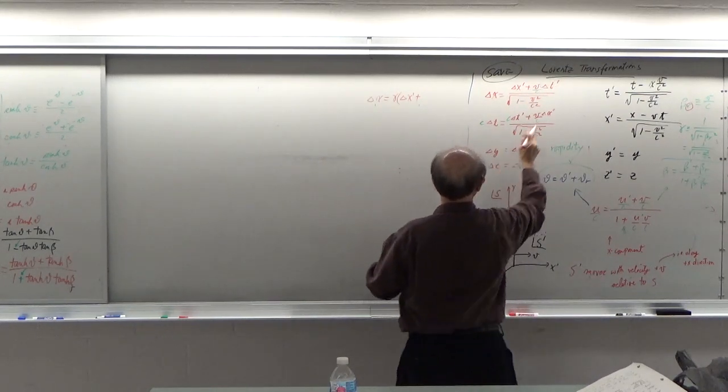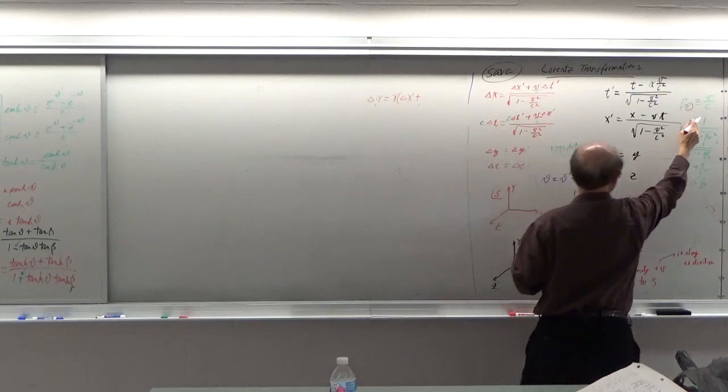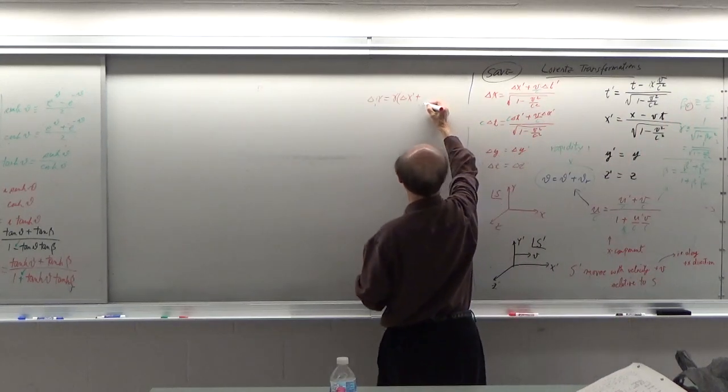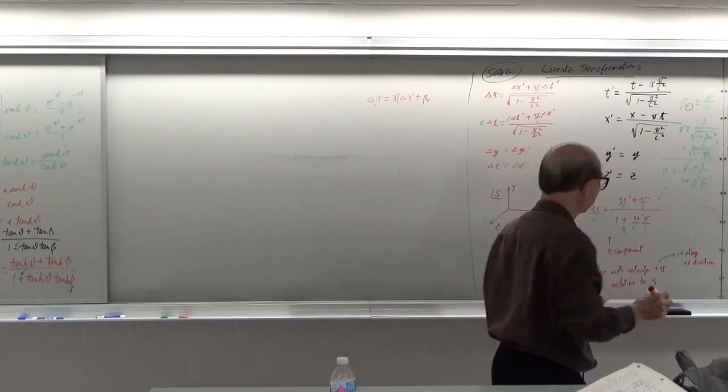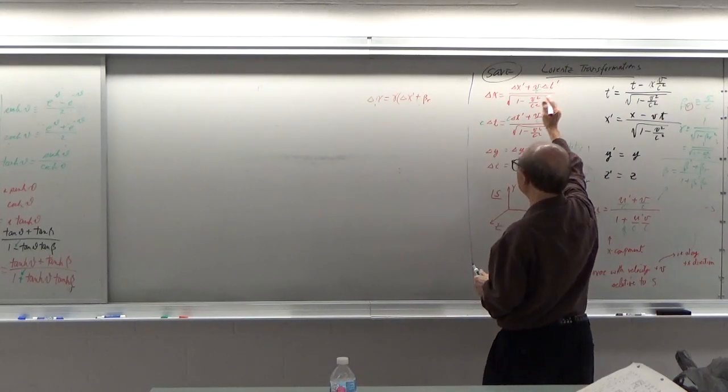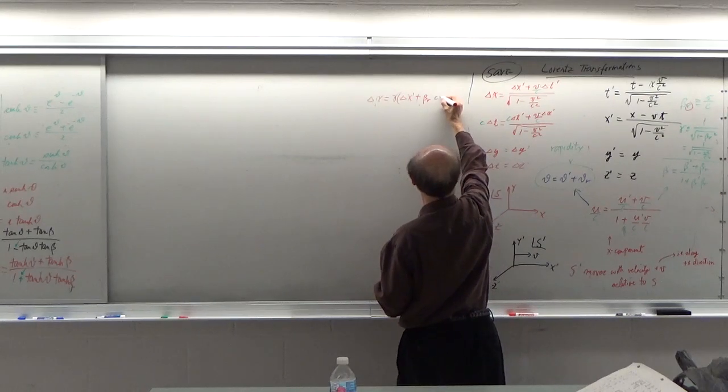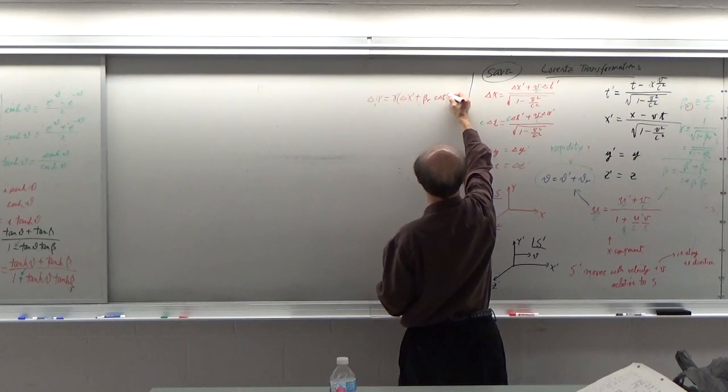So this v over c is nothing but beta sub r, but I'm going to drop the subscript r shortly, and then times c delta t prime.